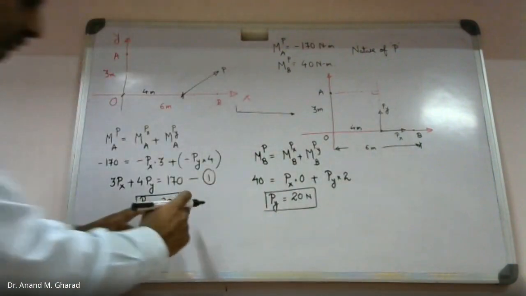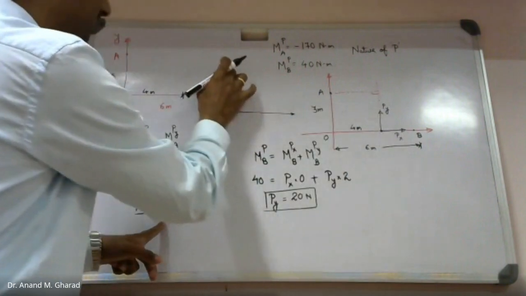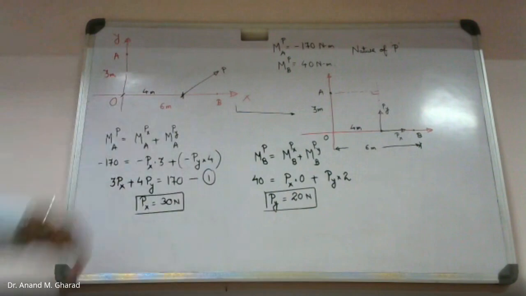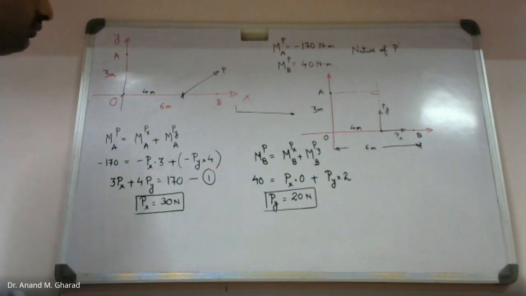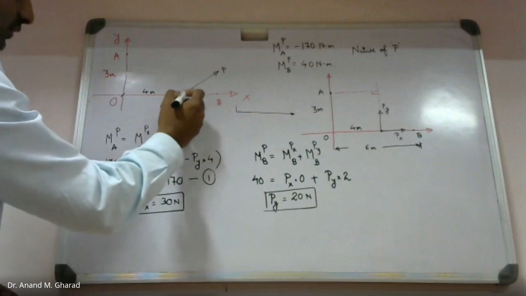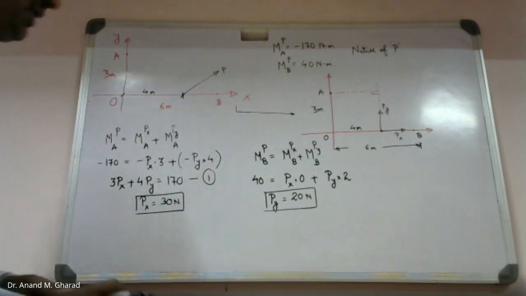Now these are what we have found out. These are nothing but the components. We are interested in finding out this P value. Why? Because there is one more piece of information required. We are supposed to find out the y-intercept. In order to find the y-intercept, the next step shall be extending this line of action of the force on the y-axis so that I will get the y-intercept, right?